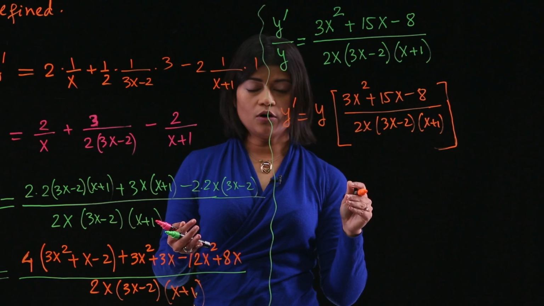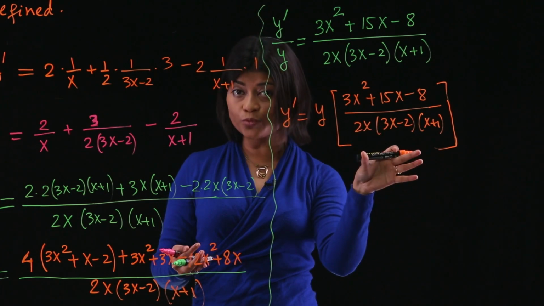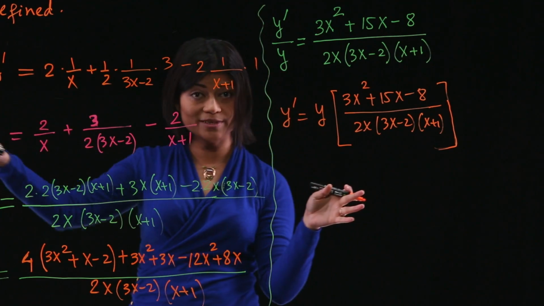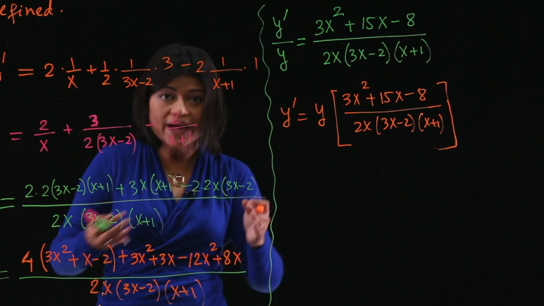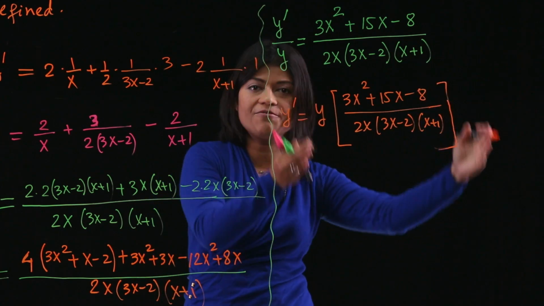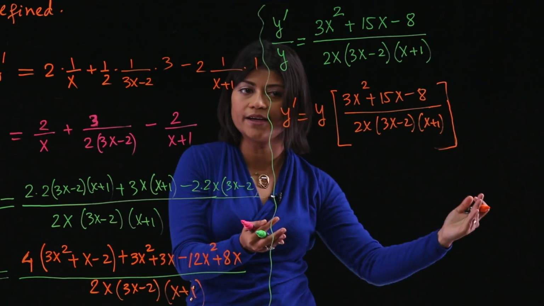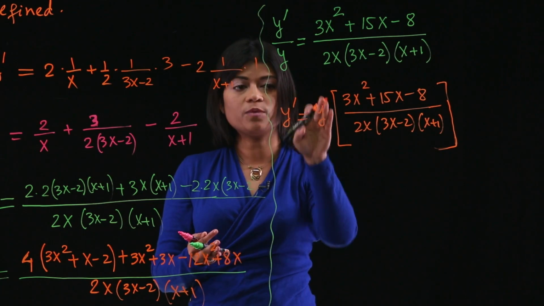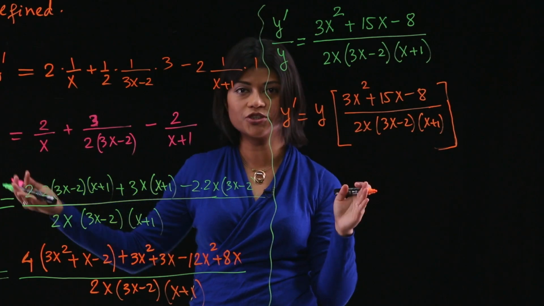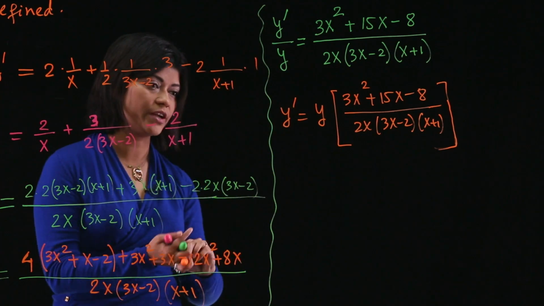Now, like I said before, do not leave the answer this way, because notice at the very beginning, the function that was given to us was in explicit form. Y was a function of x. So when you compute dy/dx, you should have everything in terms of x on the right hand side. So all you have to do is plug in what is y. That is the very first function that's given to you. Okay, so plug in y.